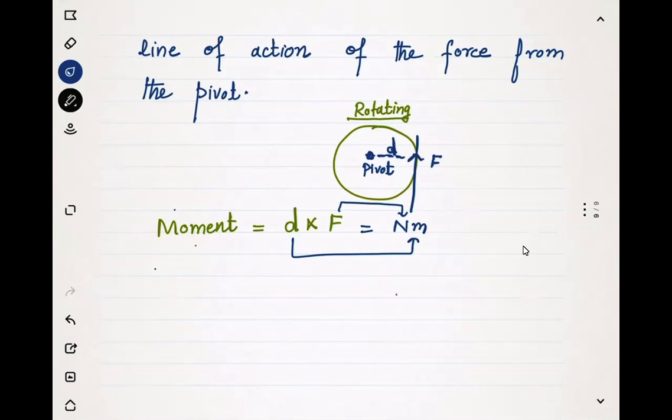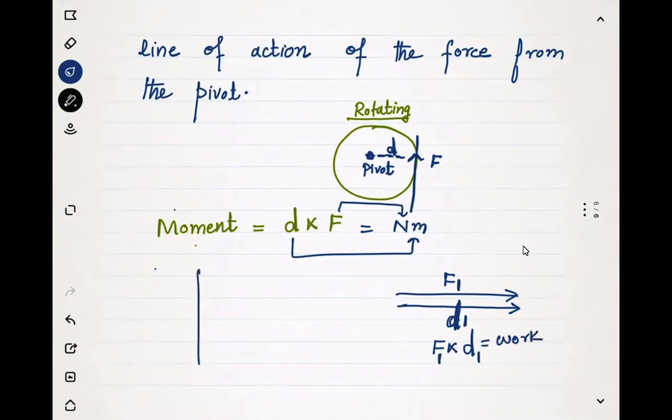Work is actually product of force and displacement along the force. So when you calculate work, you multiply force and displacement which are parallel. However, when you calculate moment, the force and the displacement are perpendicular to each other.